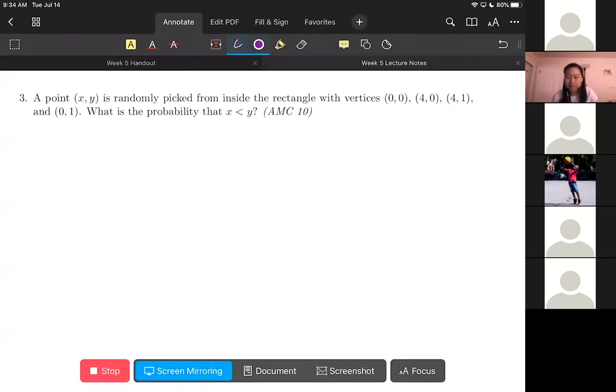I think to start, you want to graph this. Okay, let's do it. Let me graph. What should I graph? The vertices? Yes. Okay, so 0, 0, 4, 0, 4, 1 is over here, and 0, 1 is over here.